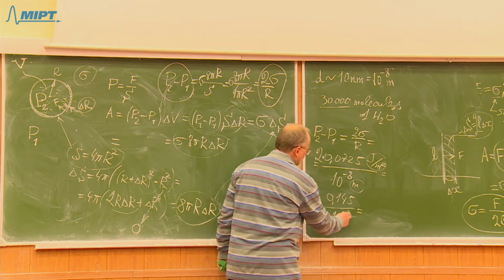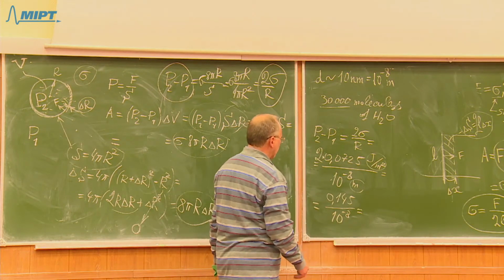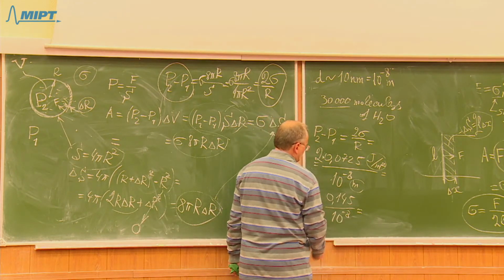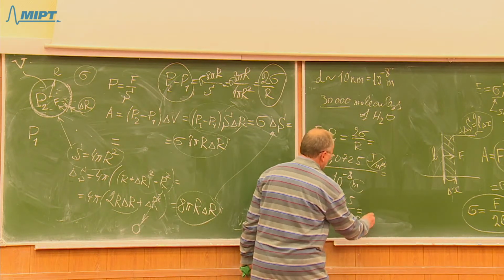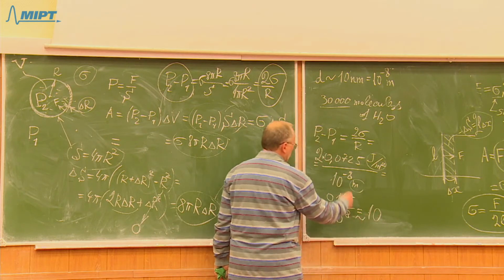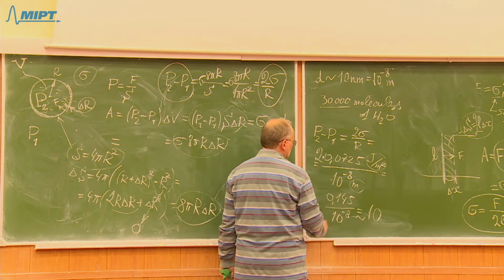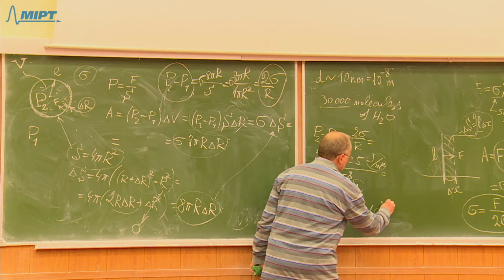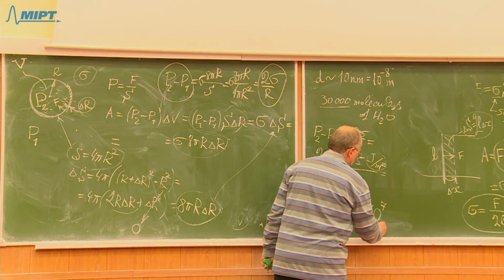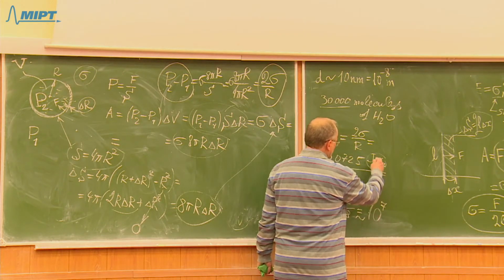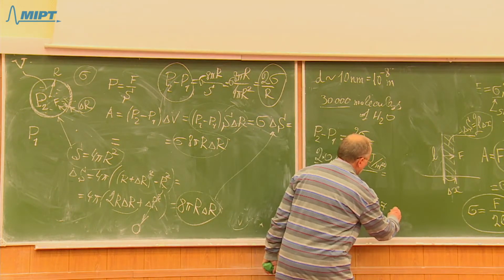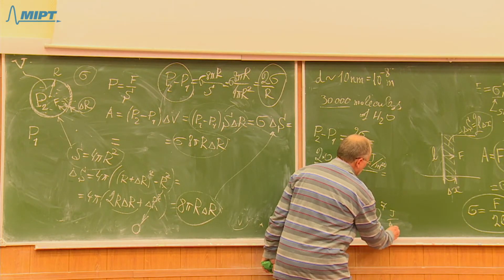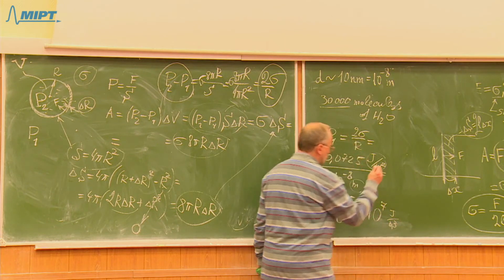That will be 10 to the power of 8 multiplied by 0.1, approximately by the order of magnitude. 10 to the power of 8 multiplied by 0.1 will be 10 to the power of 7. And what is it? Joules over meter cubed.